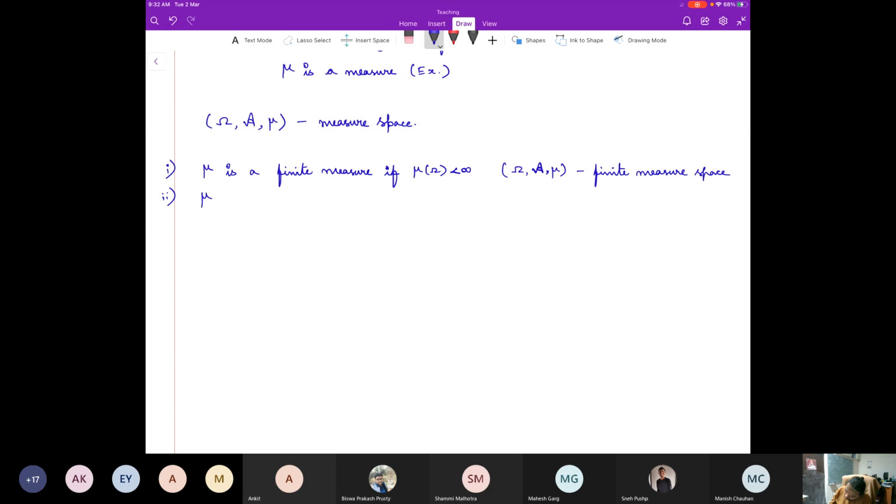You say that this mu is a probability measure if mu of omega is 1. So in this case, this triplet is what is known as a probability space.